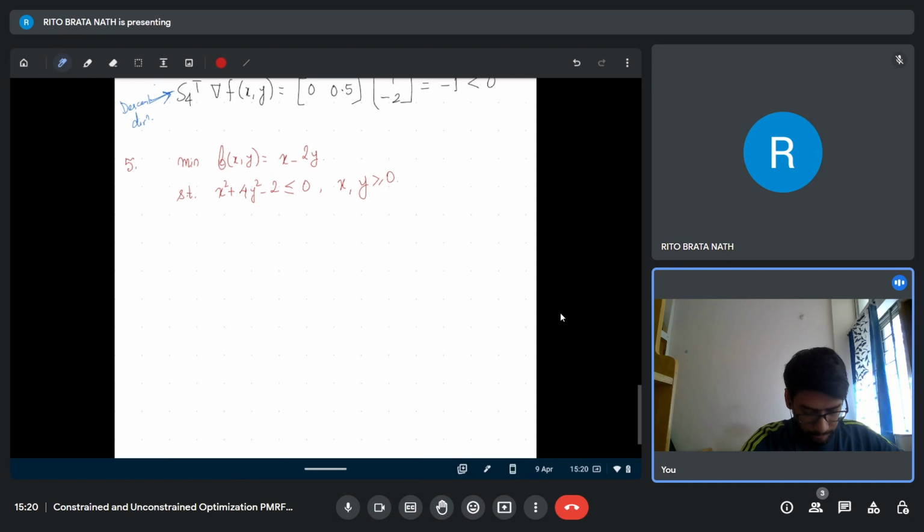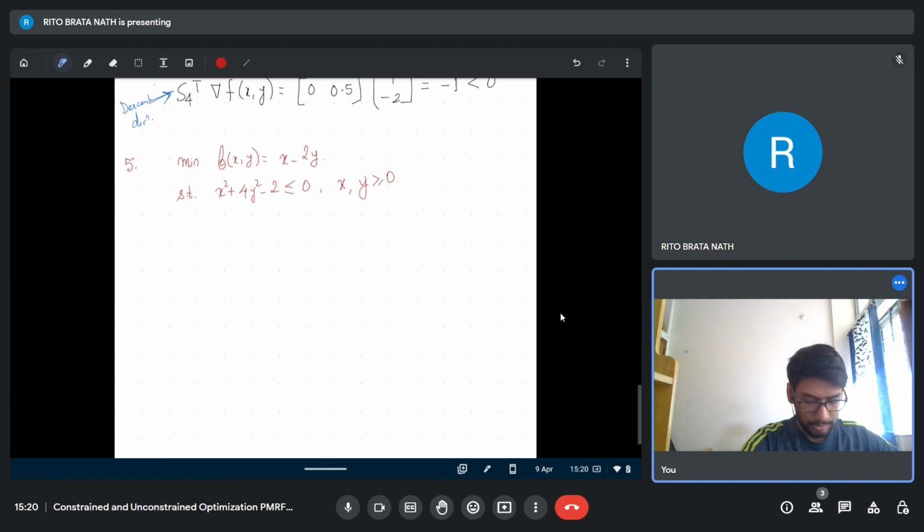So the idea would be to have this single constraint; this is a minimization problem with a single constraint. Typically what happens is that the feasible direction and the descent direction could be opposite to each other. That might happen as well, and this probably is the case here.